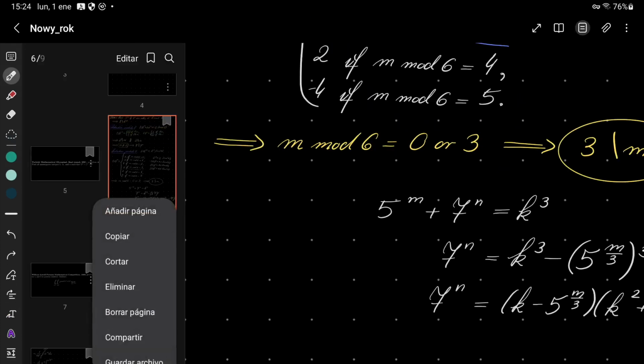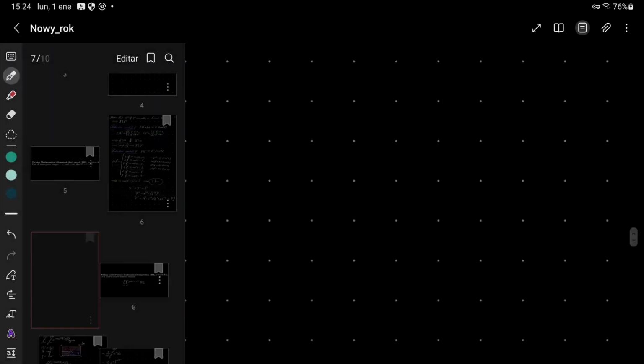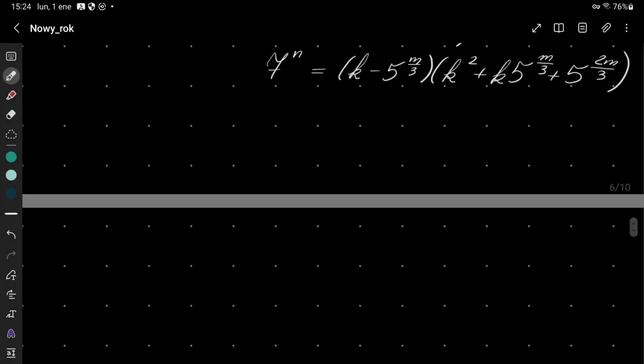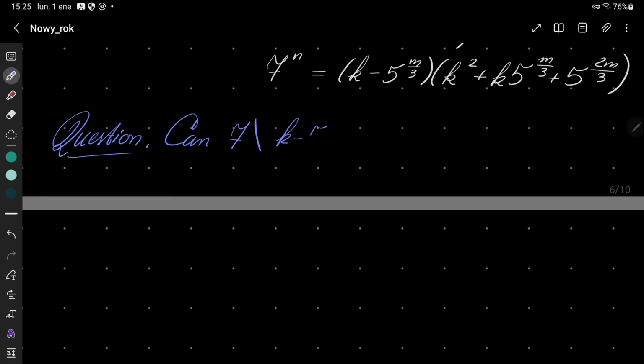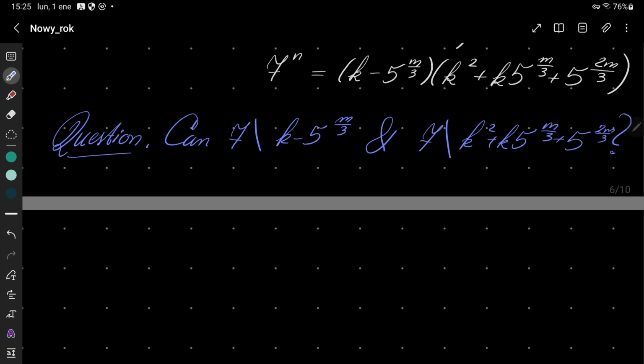So let's investigate the question. Can 7 divide both parentheses at the same time? I will show that in fact this cannot happen.